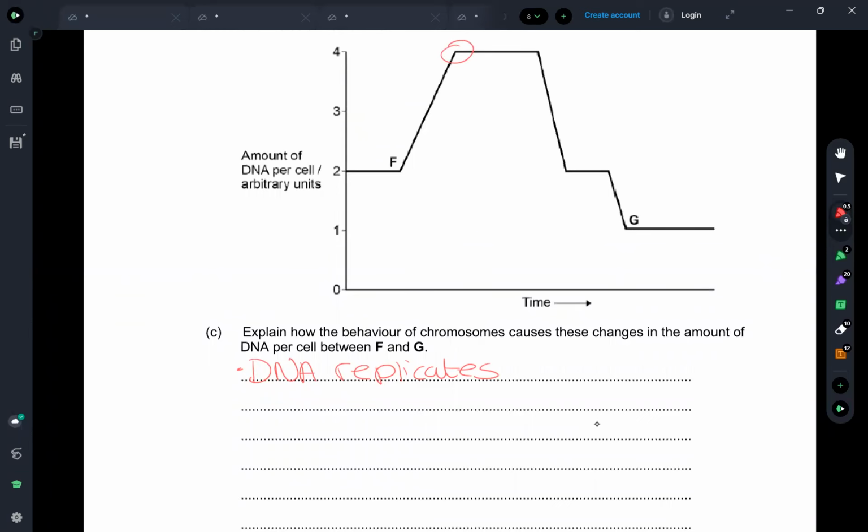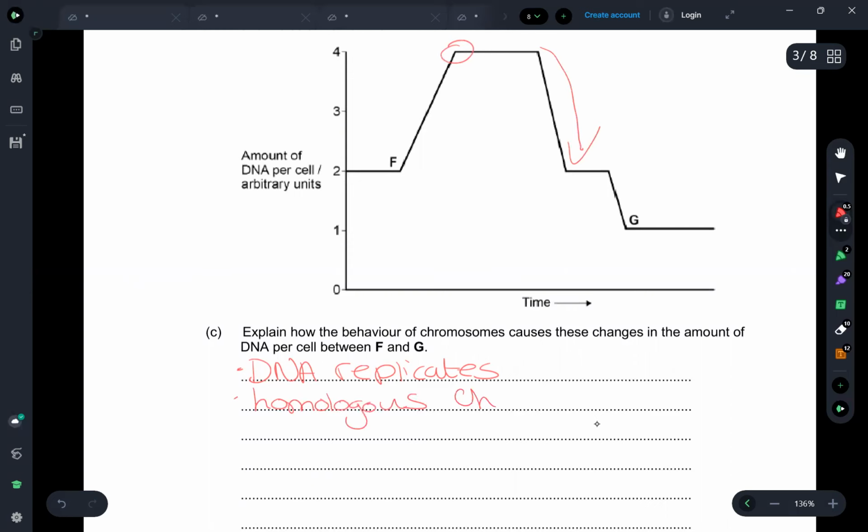Then our homologous chromosomes are going to separate. So that's going to be our first decrease. So our homologous chromosomes separate.